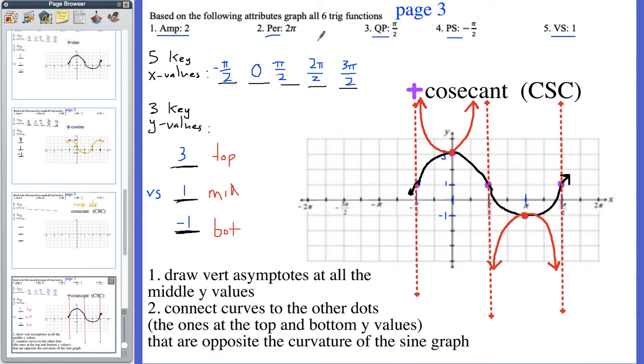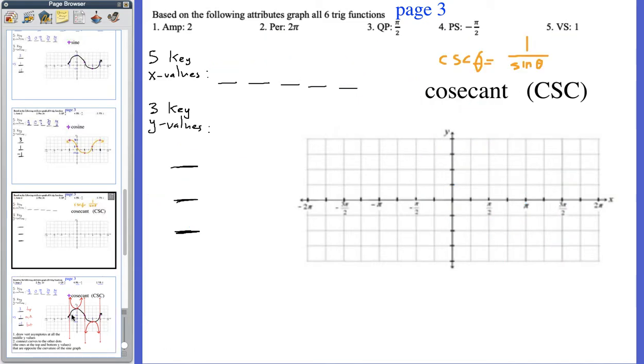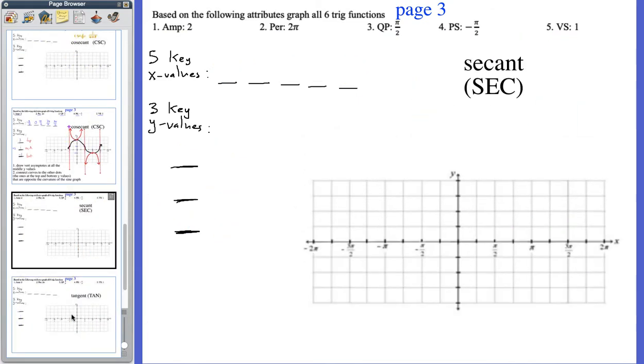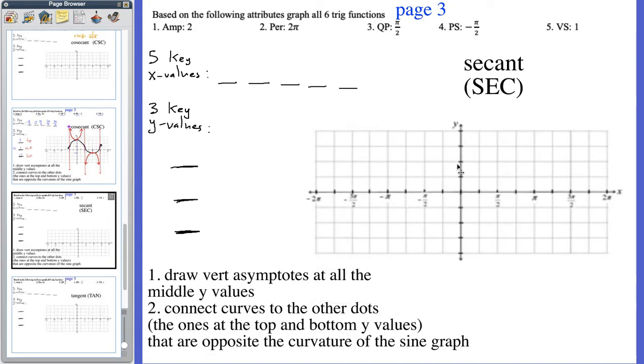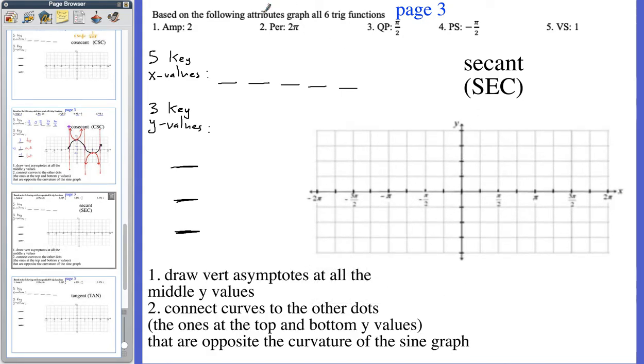All right. So now moving on to secant. A secant curve actually is the same thing as well. If we're doing a secant curve, it involves that same thing. But remember, secant is the reciprocal of cosine. It's 1 over the cosine function. So instead of drawing the sine curve, we draw the cosine curve.